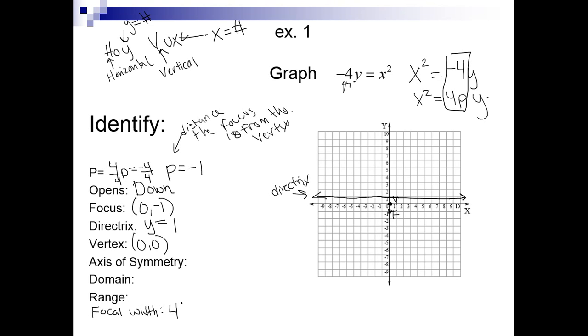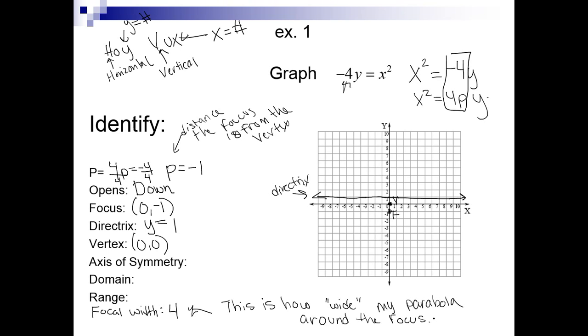Now, the focal width, what's important about it, you ask? This is how wide my parabola is around the focus. So my parabola must be 4 units wide around the focus.